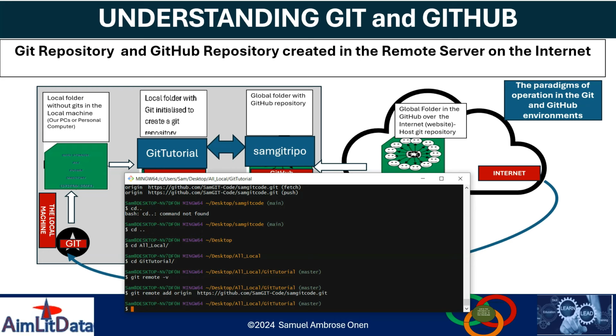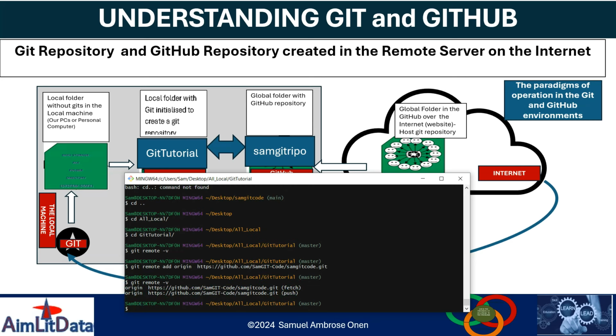Let us see if they are connected now. Yes, my friend, it's true. You see, the link has been established now. So the local Git tutorial is linked directly to the GitHub repository that I have cloned on my system. They are directly linked right now. Yes, now the system is complete.